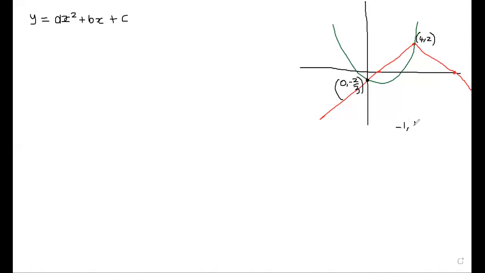So we have 1, 2, 3 points that lie on this graph. Okay.